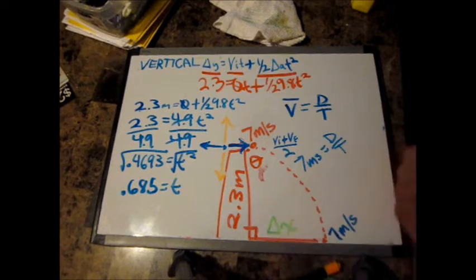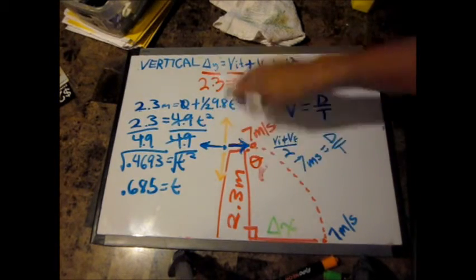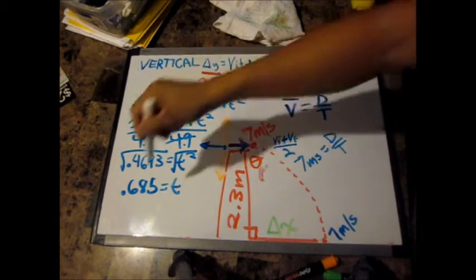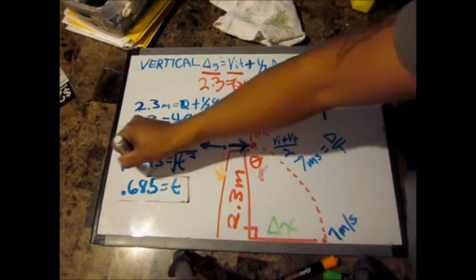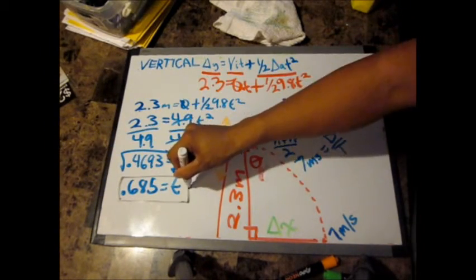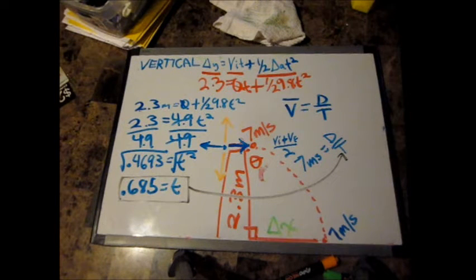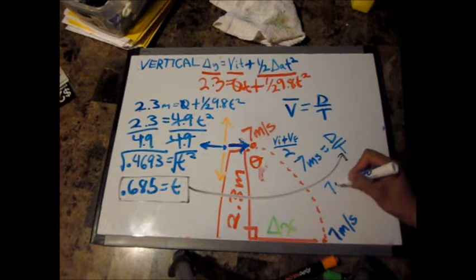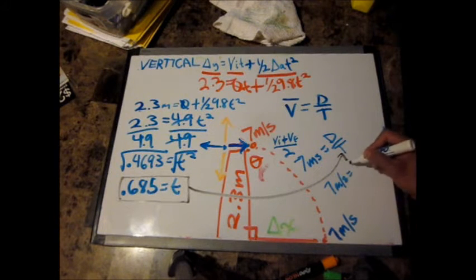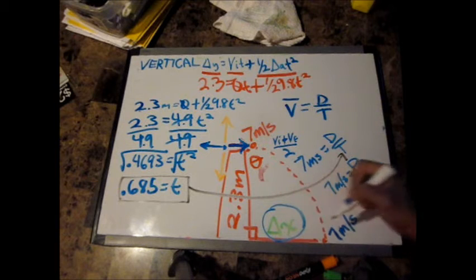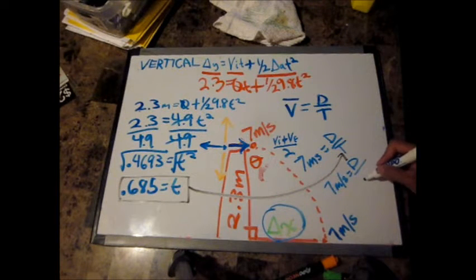Now check this out. Time on either axis, whether it's y or x, is always the same. So I'm going to grab this time here, and I can plug it into here. So what I end up getting for my equation on this side is 7 meters per second equals distance, or our change of x, which is what we're looking for, divided by 0.685 seconds.